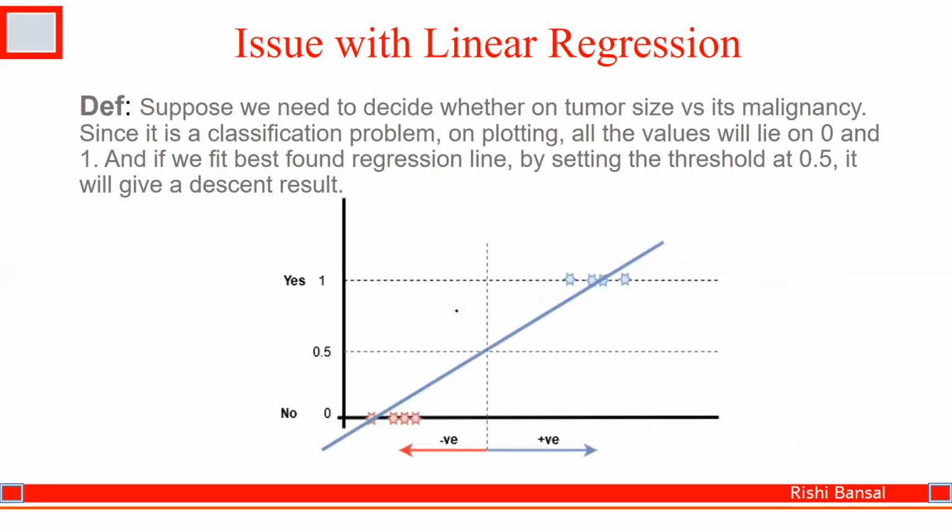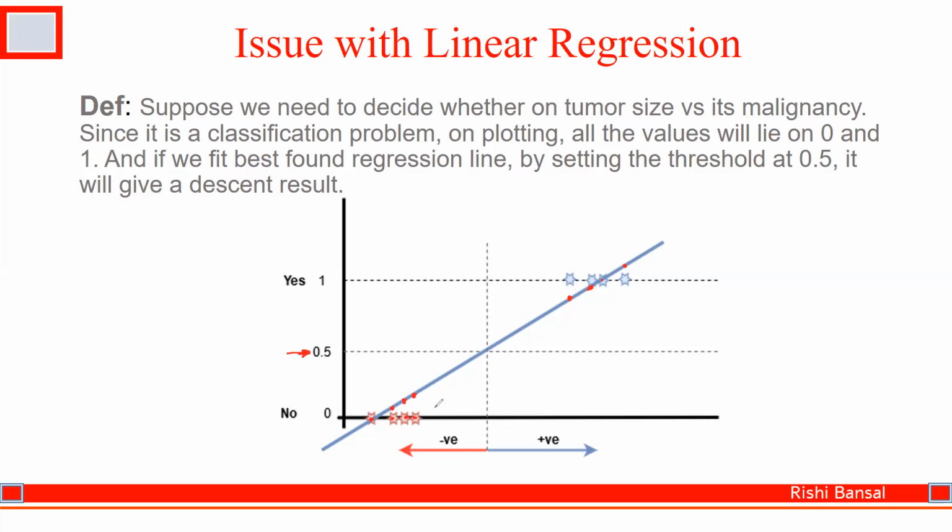So first of all, in the real case, these points lie like this. Now in classification, it is probability based. We have decided a threshold of 0.5. If it is less than 0.5, we assign it 0, because we have to categorize whether the person has the disease or not.